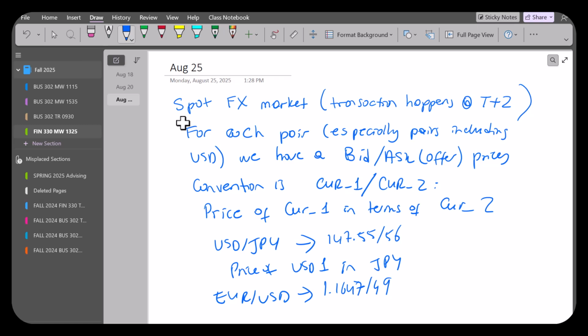For major currency pairs, typically those bid offer spreads are pretty tight. In fact, there's a name for the last digit, it's called a tick. So if I go from 147.55 to 56, you move by 1 tick. Sometimes people call it tip as well.